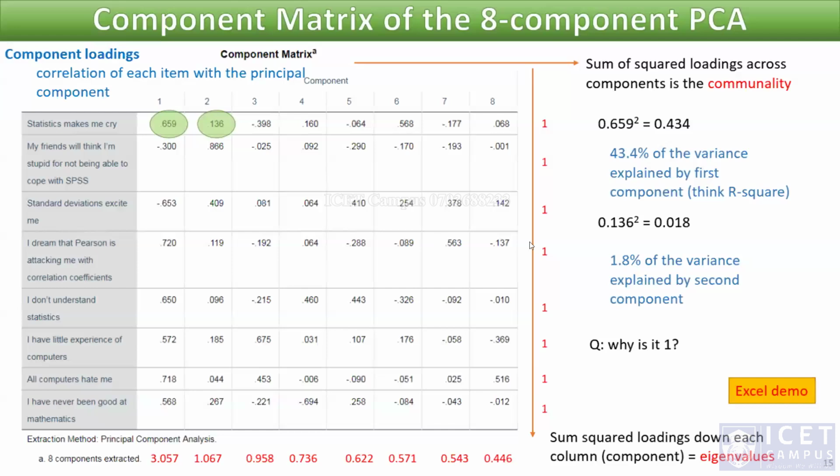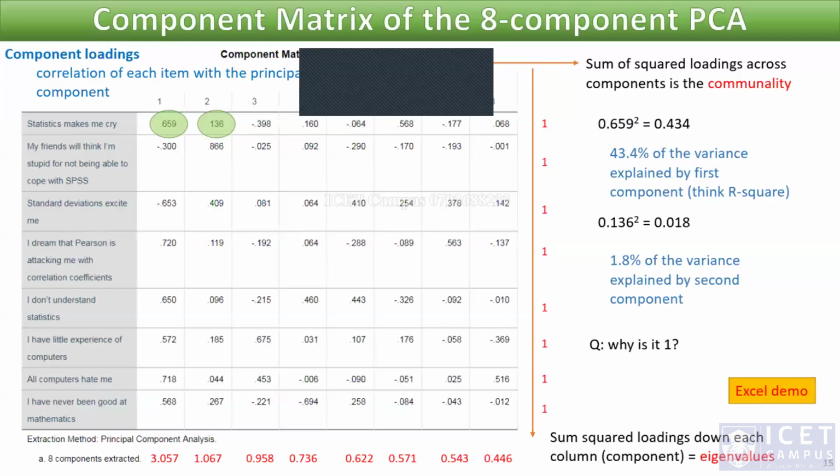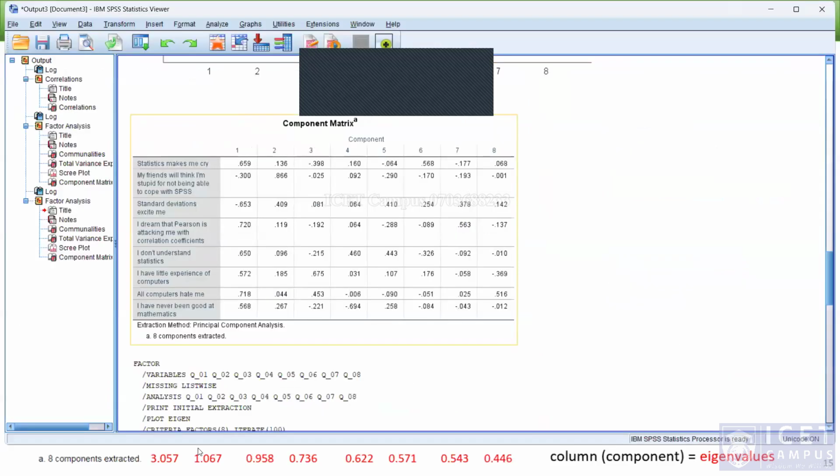Okay, that's why I'm trying to explain that using an Excel sheet. So I will take this to Excel and I will show you how we can get these values. Okay. So then we can see that in the output as well. So I will show you how we can take it. Okay.